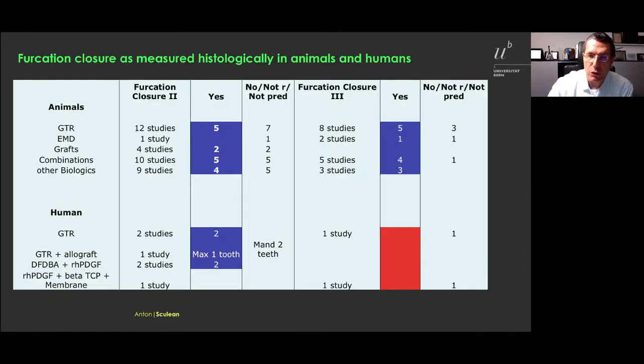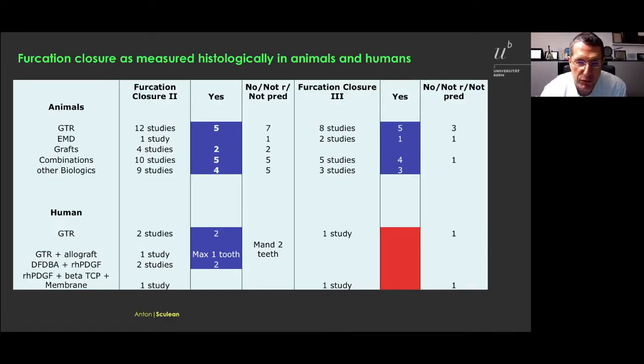However, if we look now at class 3 furcations, we have very different outcomes. In animals, the furcation closure is possible in a class 3 with different approaches, mainly with a combination. Why?